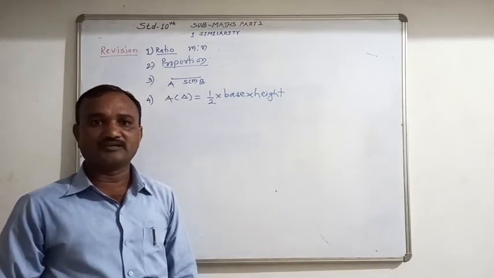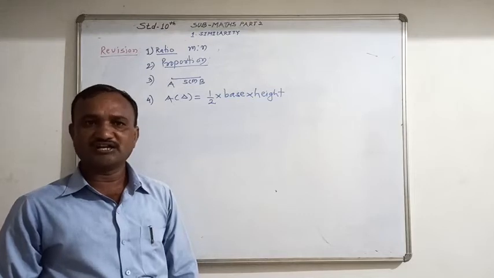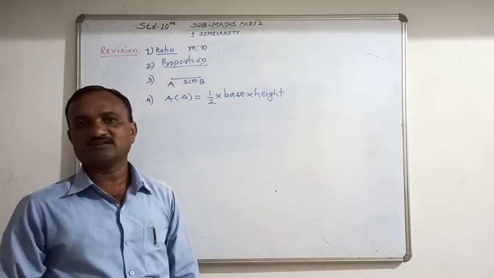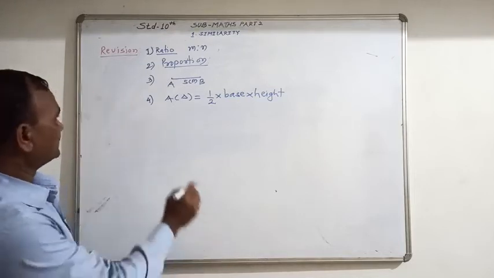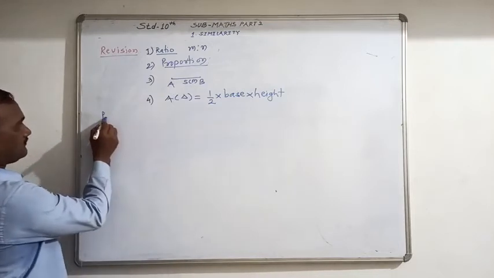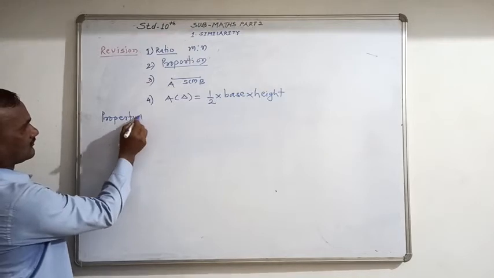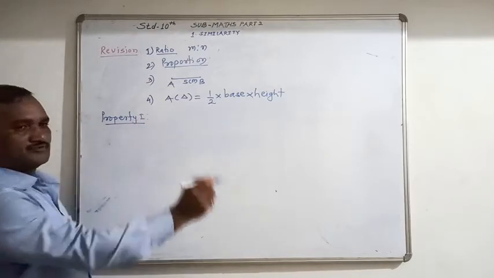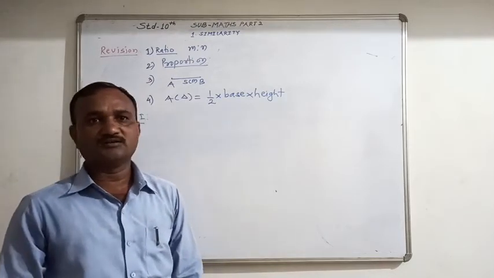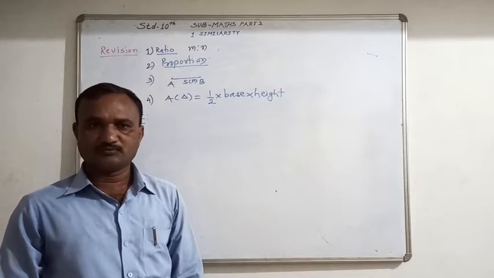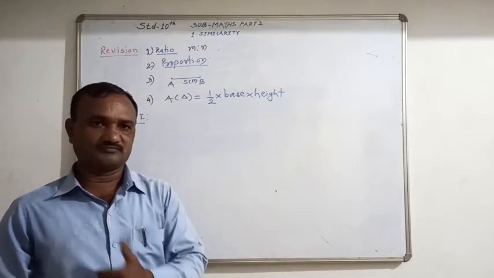For that we will learn about the ratio of areas of two triangles, properties. First property, which is asked to be proved on the board.